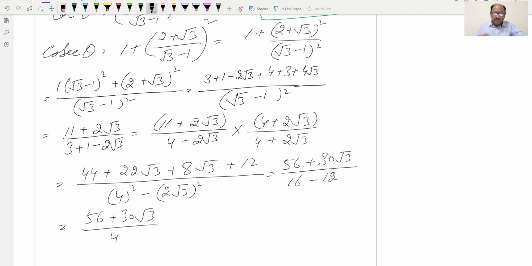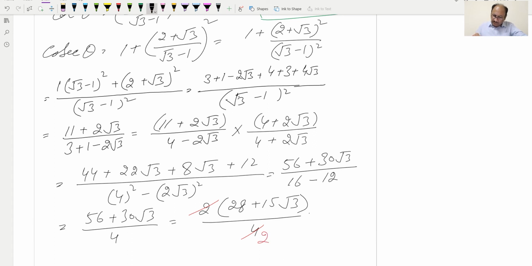divided by 4. And we can take 2 common from the numerator, so it will be 28 plus 15 root 3 divided by 4, and after cancellation we can cancel these, and this will be 2 here.